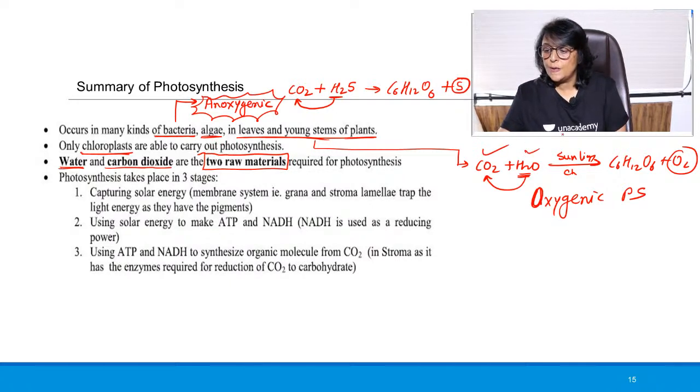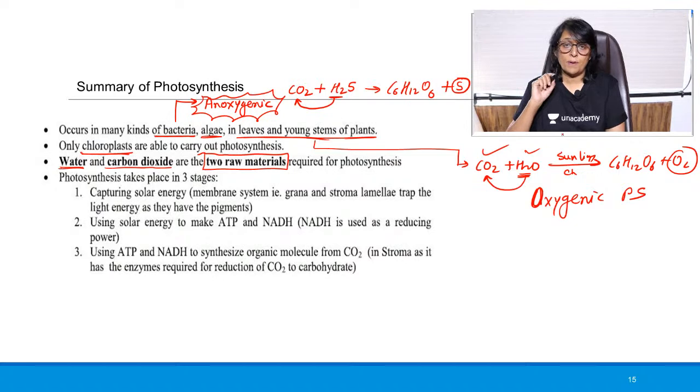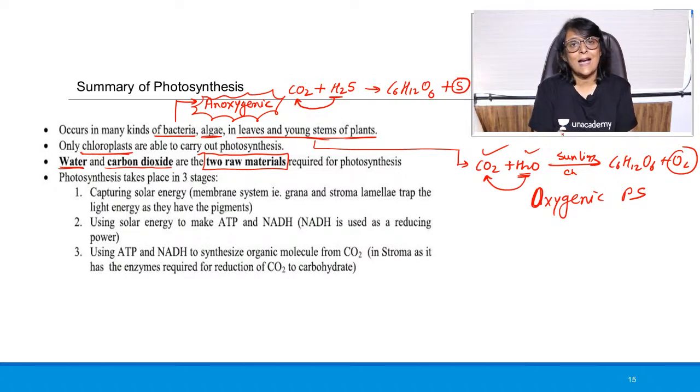Sunlight and chlorophyll are considered as the conditions which are required. So what is the requirement? There are four things which are required: carbon dioxide, water, sunlight and the pigments, out of which two are called the raw material, that is water and carbon dioxide, and it takes place in three stages.